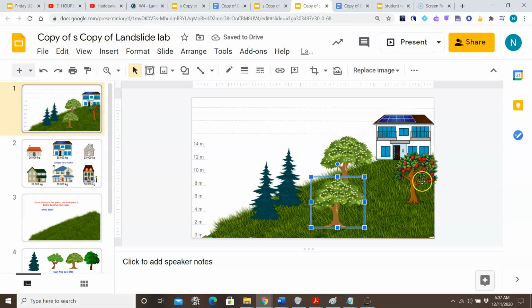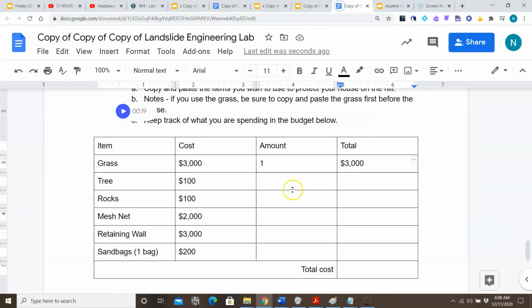All right, so far I've used 1, 2, 3, 4, 5 trees. So in my budget, I'm going to put 5. 100 times 5 gives me $500, which is how much I've spent on trees. I now have $1,500 left.